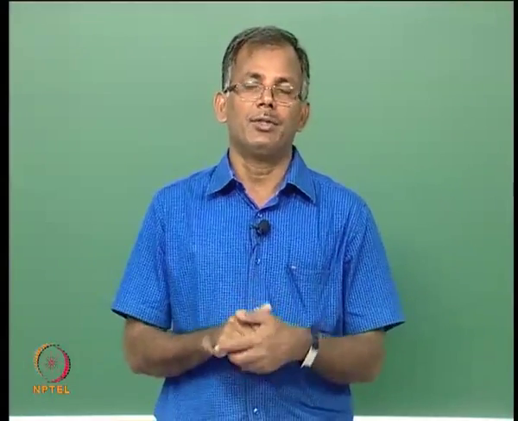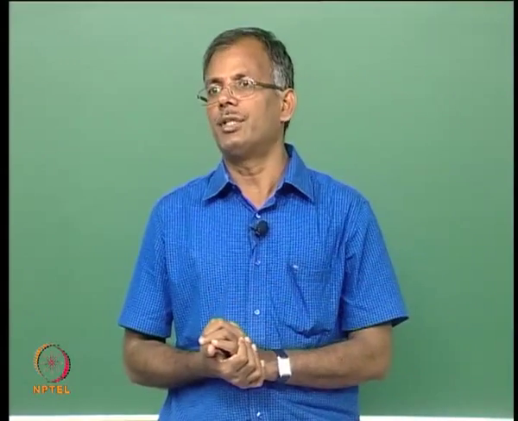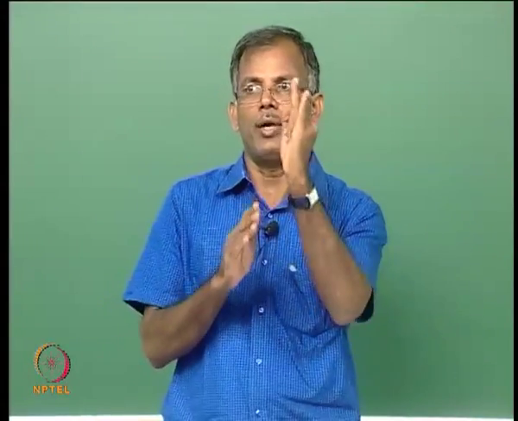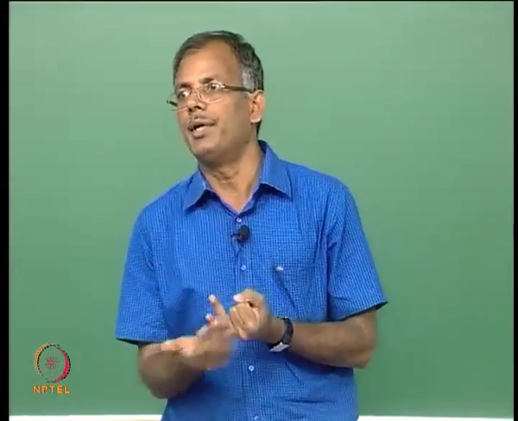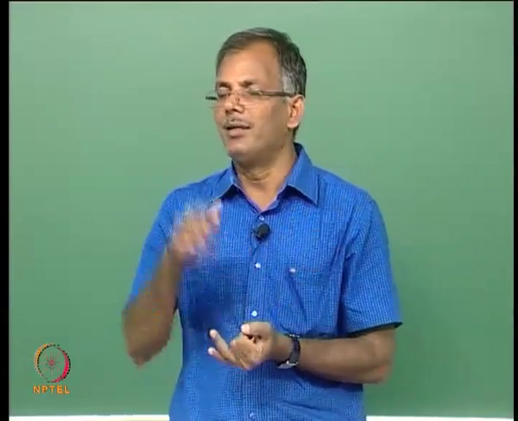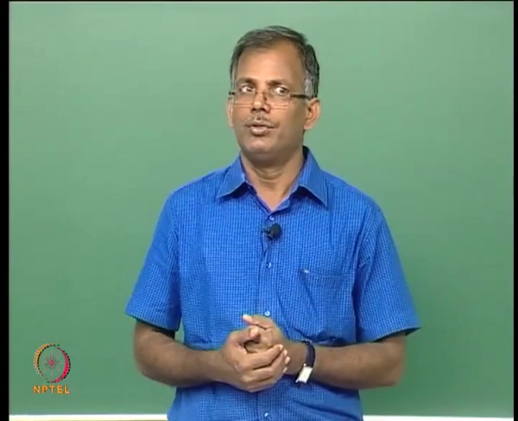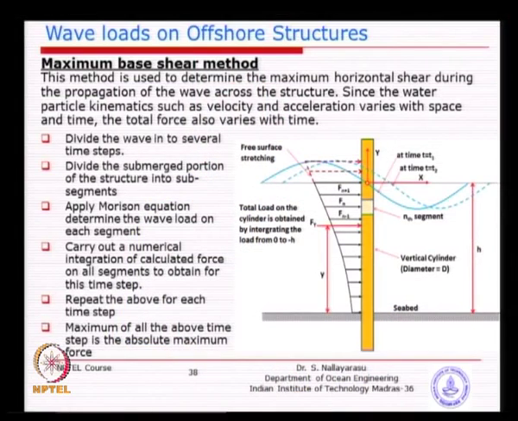Each of these locations you can calculate the velocity and acceleration, because you know the x coordinate and the z coordinate. Use the formulas given there, calculate, and then substitute into the Morrison equation for each of the locations. So, for time t equal to 0, you take the equation, find the acceleration and velocity, and find the forces.